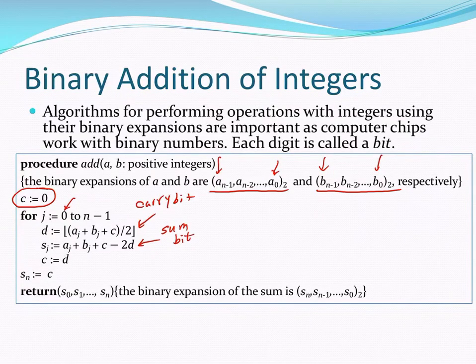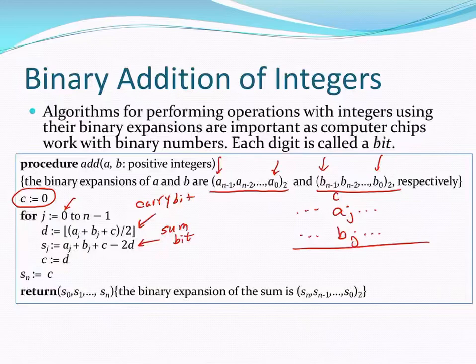And so the way that looks is we have, for the jth column, a sub j and b sub j. And then the carry bit from the previous column is there. And so this could be in the middle of our binary integer.